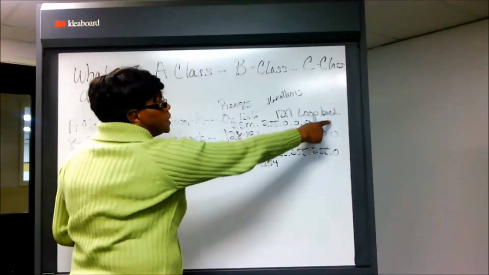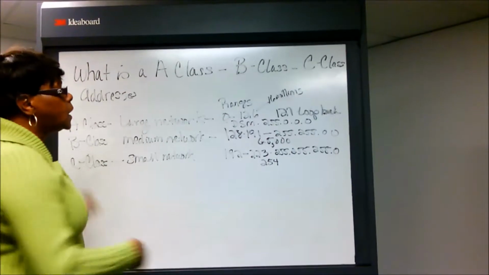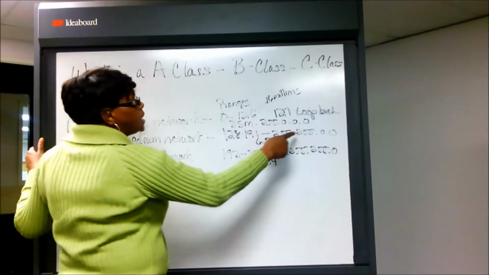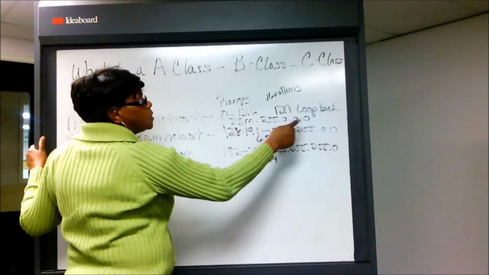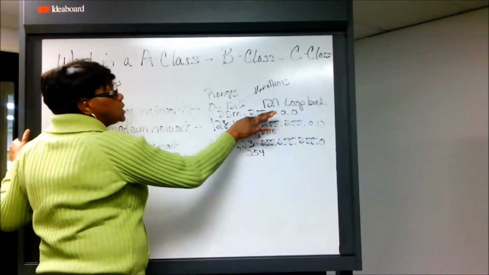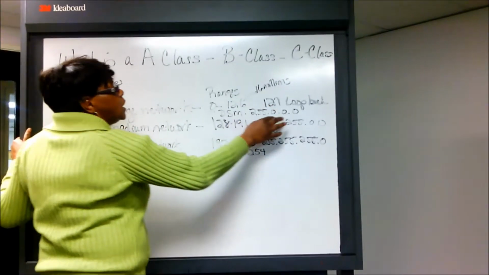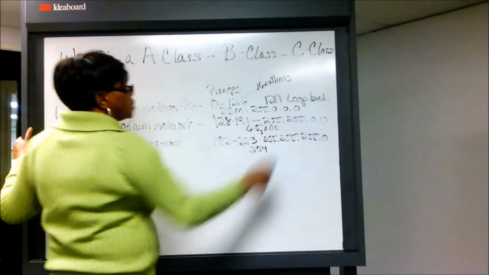Now 127 is used to loop back in the network. The default subnet mask that goes along with that is 255.0.0.0, and the 255 represents the network portion, and the zeros represent the host portion.